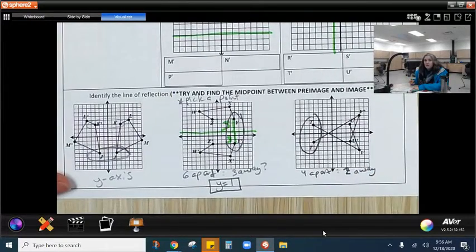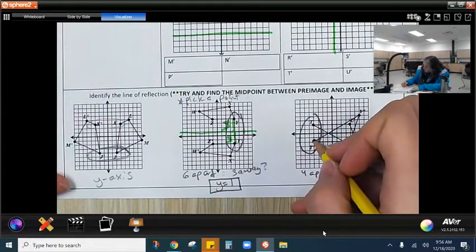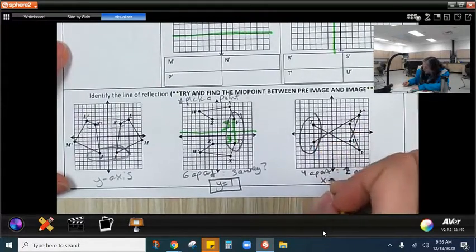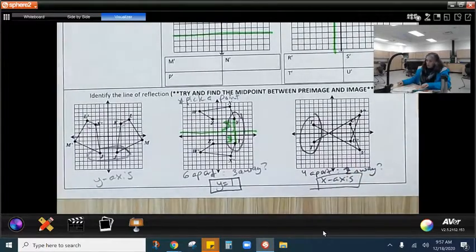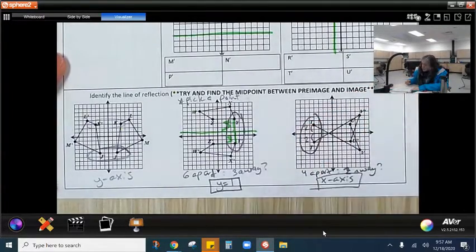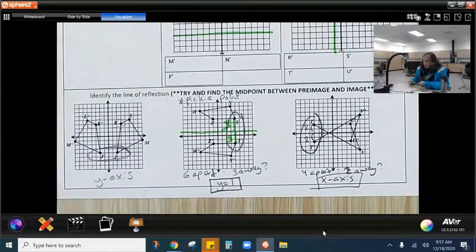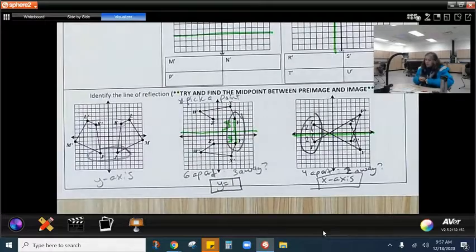So they are 2 away from the line of reflection. What's 2 away? Well, if I count in between them, 1, 2, it's the x-axis. The x-axis is 2 away. So we can see here that this is 2 and this is 2. So the x-axis is perfectly in the middle. So it is our line of reflection between our pre-image and image.